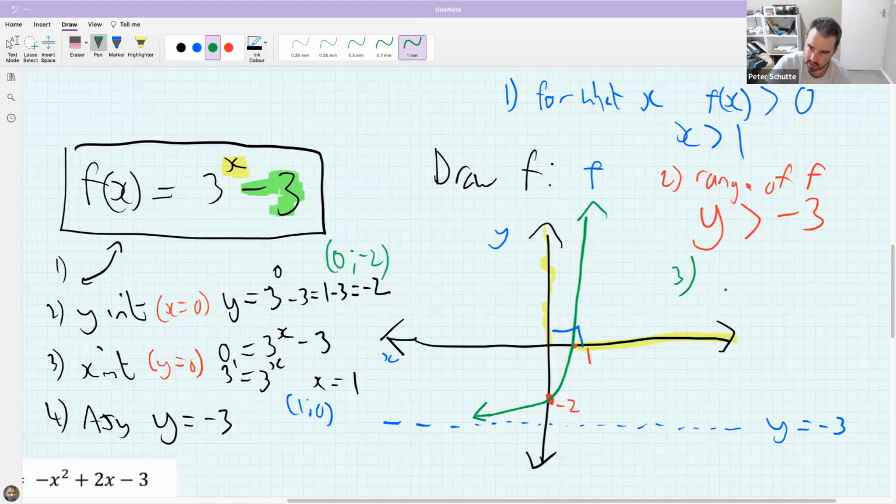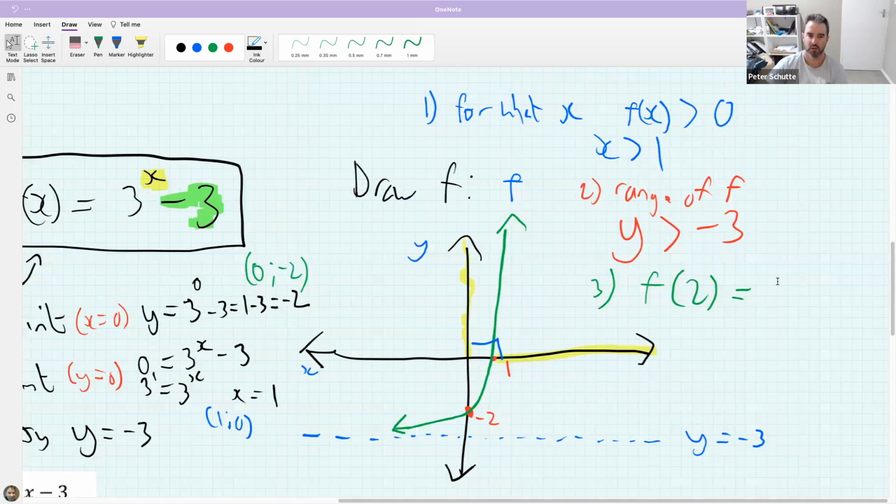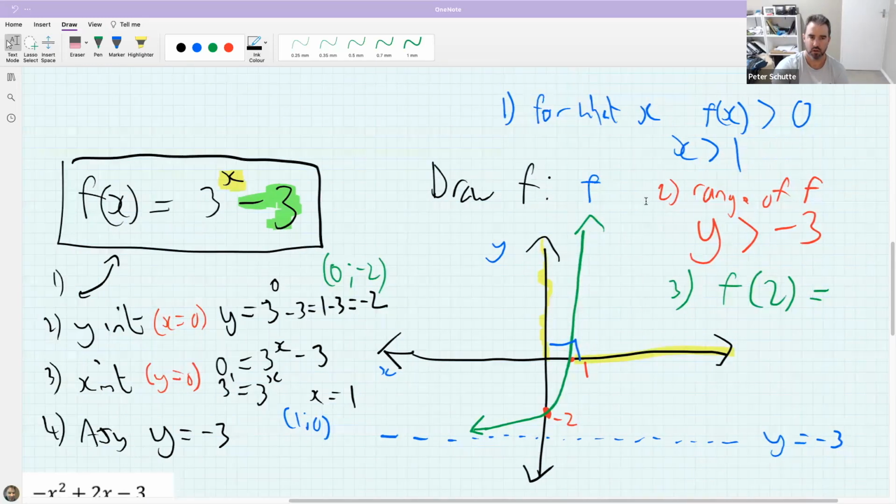What is the value of f of 2? What does f of 2 even mean?